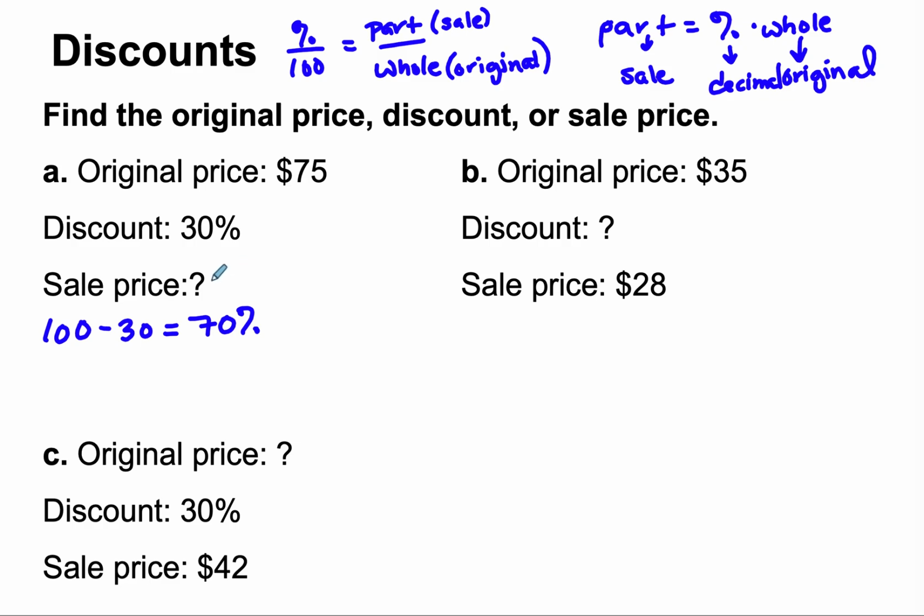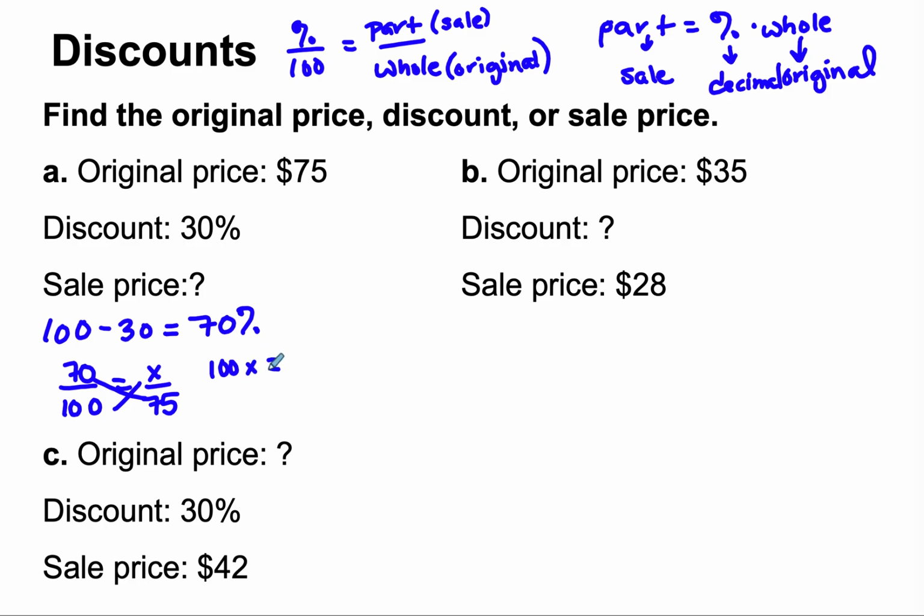All right, so let's go ahead and solve this. I've got 70% and then 75. I'm going to do a proportion for my first one. 70 over 100 equals my part, my sale, which I don't know, that's my x, over my whole, which is my original, 75. I do not see an easy multiplication pattern side to side or up and down, so I'm going to do cross products. 100 times x is 100x.